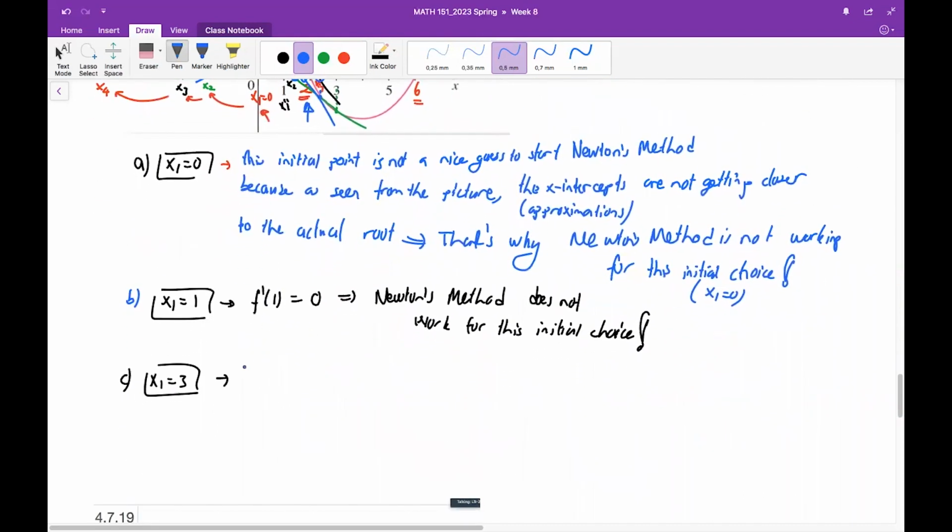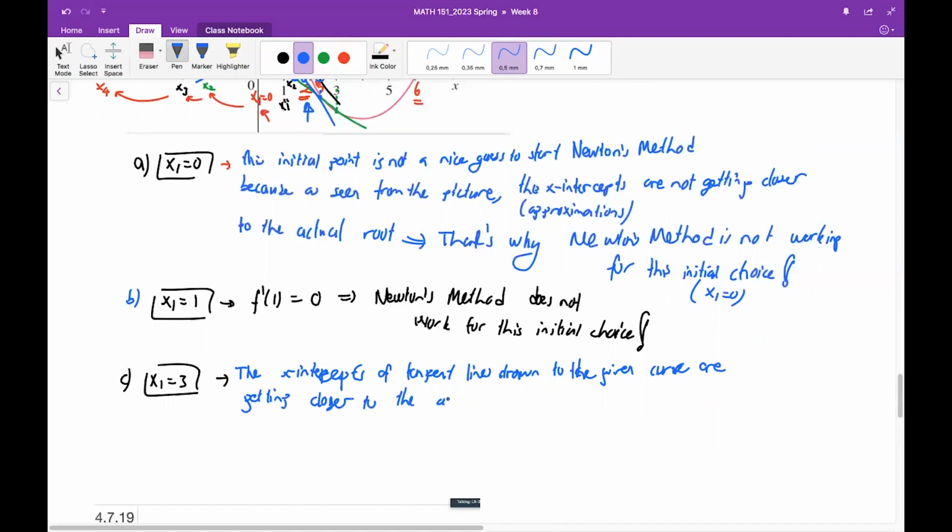The explanation is the x-intercepts of tangent lines drawn to the given curve are getting closer to the actual root, which is 2.